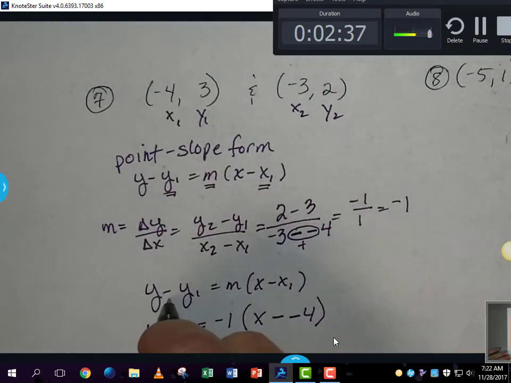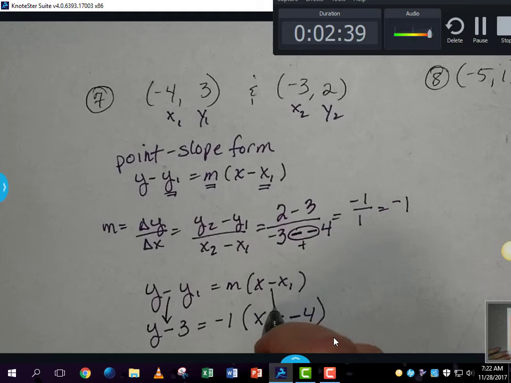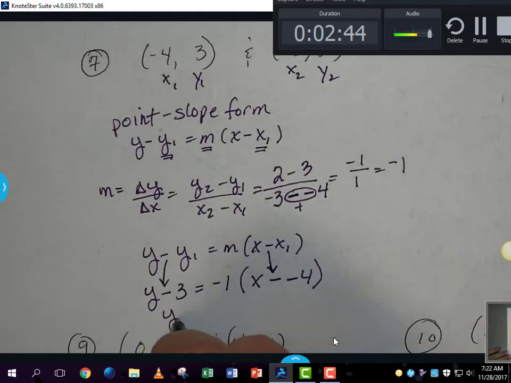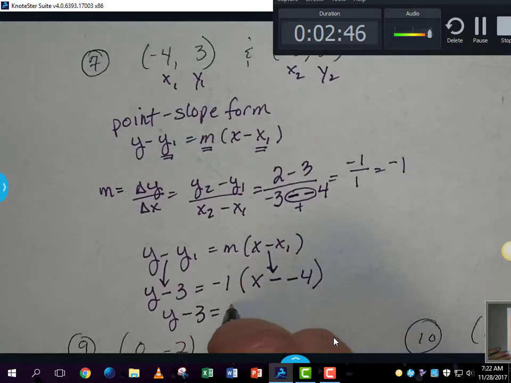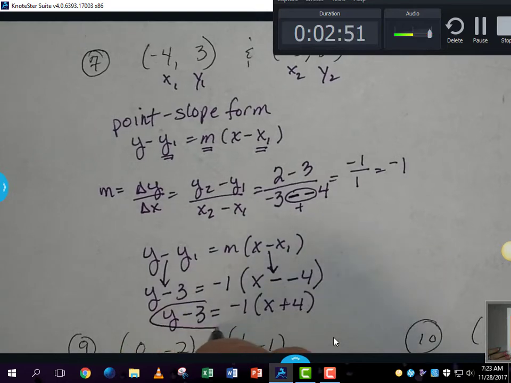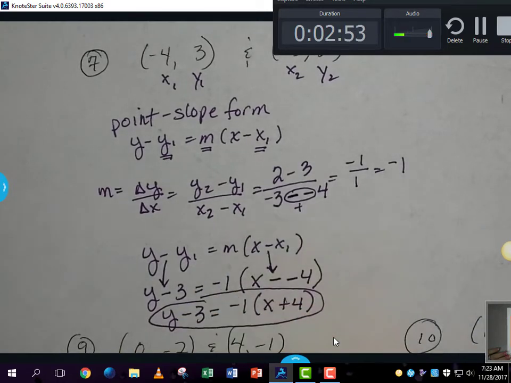So notice I brought these subtraction signs down from the template. So then I have y minus 3 equals negative 1 times the quantity x plus 4. And that is what we're trying to come up with. That is our equation.